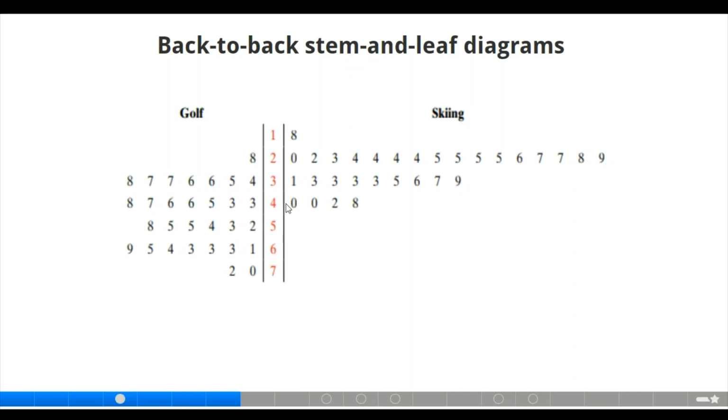For skiing here we have 40 to 48, and for golf we have 43 to 48. Then we have 52 to 55 for golf, and 61 to 69 for golf, then 72. This is just how to represent our discrete information using a back-to-back stem and leaf diagram, but notice that this one has two sets of data.